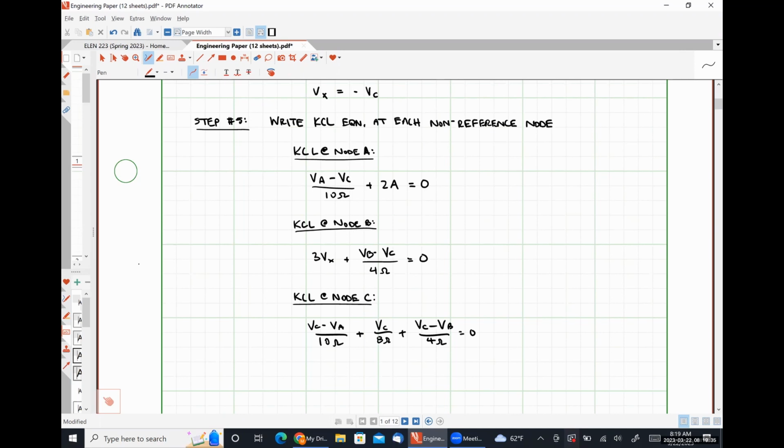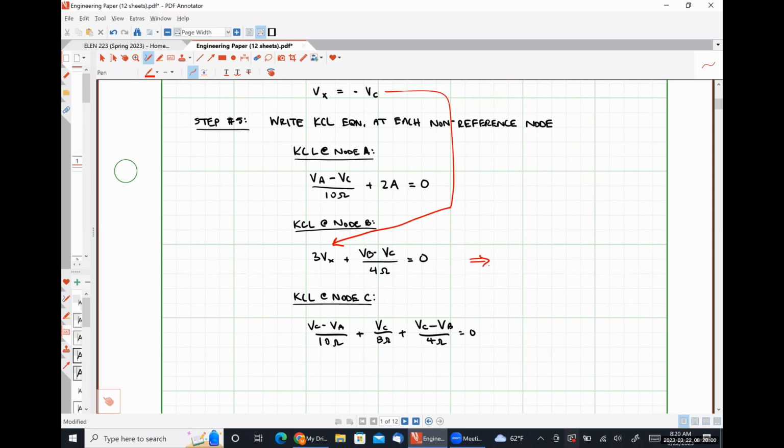Because the calculator that Nicholas Stevens was so kind enough to let me borrow today can only solve 3 equation, 3 unknown systems, I'm going to have to substitute in this relationship of Vx is equal to negative Vc.